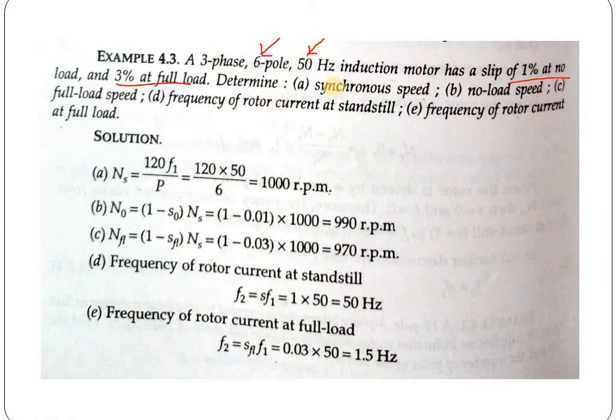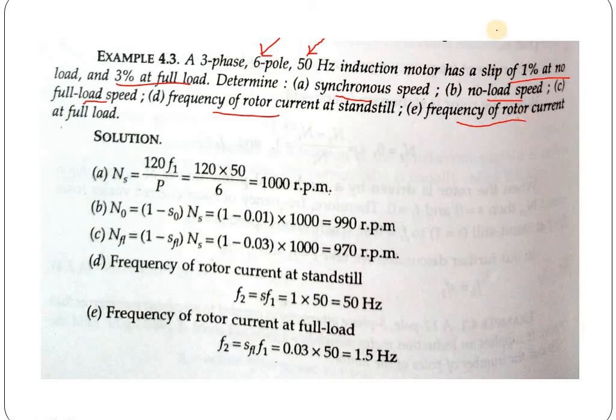Now we have to determine the synchronous speed, then no load speed, then full load speed, then frequency at standstill, and then frequency of the rotor current at full load.